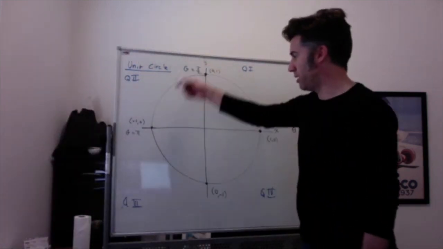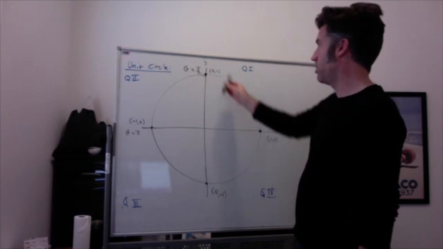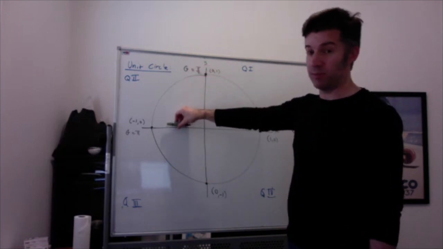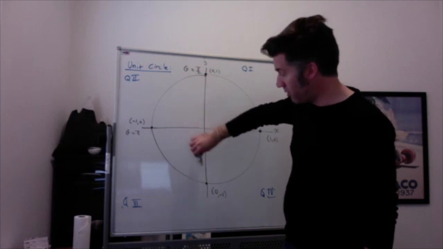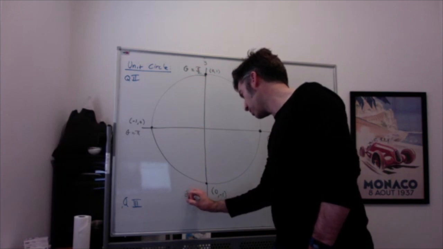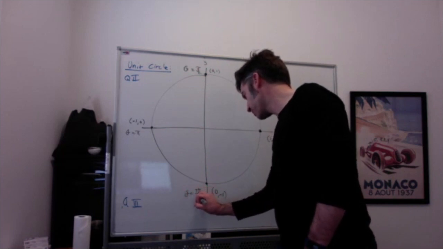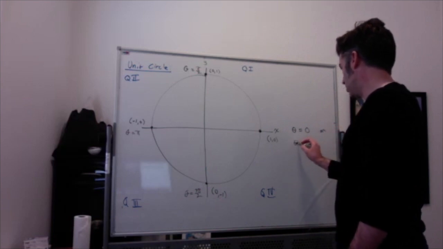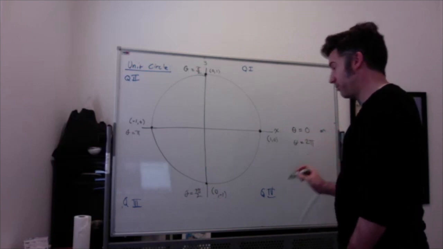Okay, and if we go down here, it's another, so it's 0, pi over 2 plus pi over 2, which is pi, pi plus another half of pi, which is 3 halves pi, or 3 pi over 2. And finally, all the way around gets us back to 2 pi.